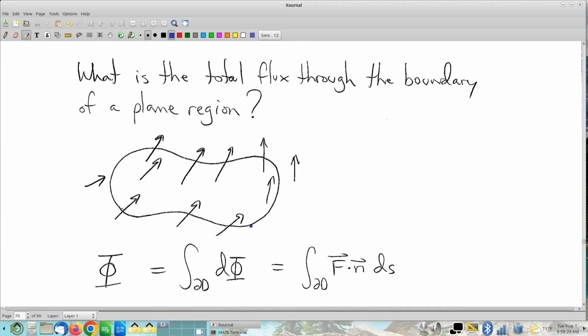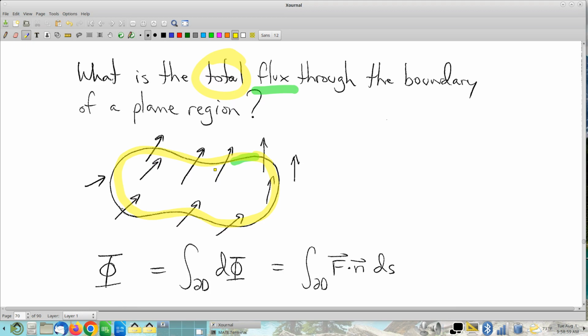So now I want to consider a more general question of, let's suppose I have a two-dimensional region and I want to compute a flux, but specifically not just the flux through a little piece of this boundary curve. I want to compute the total. I want to add up all the little pieces of flux that I get by going all the way around the entire boundary, right?